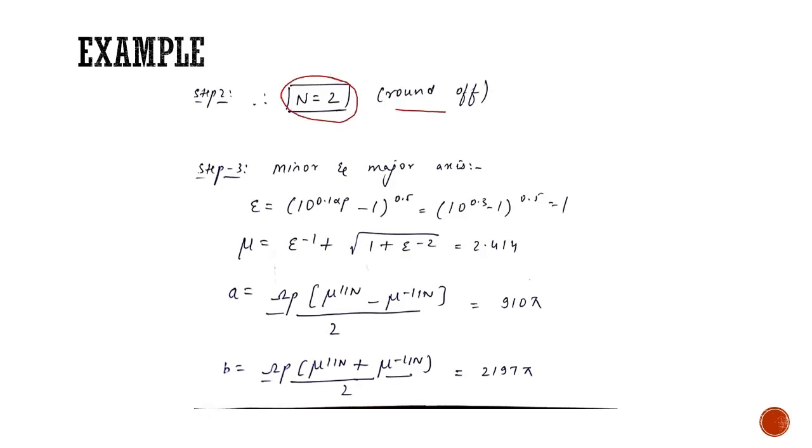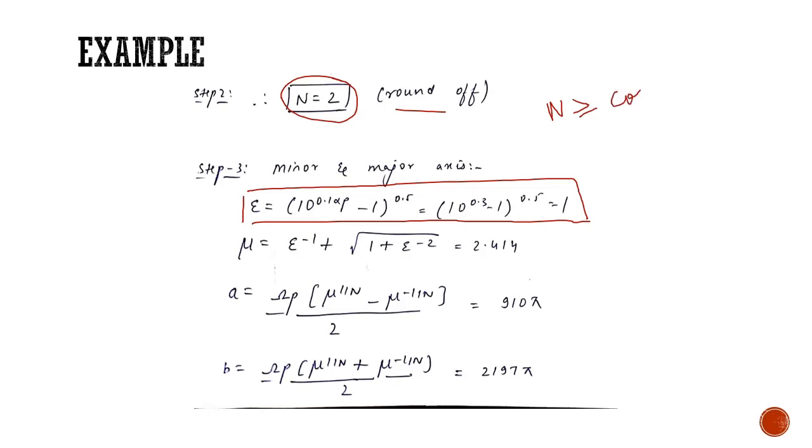Coming to step 3, where we calculate the minor and major axis. We have epsilon by this. Epsilon is basically the denominator in the formula of, epsilon is, you'll have to pardon my poor handwriting here, cos h inverse root over whatever is here.